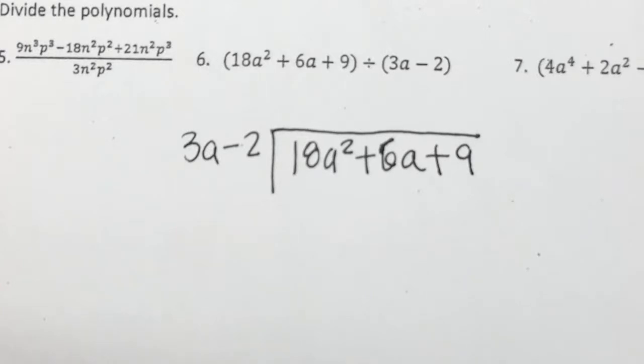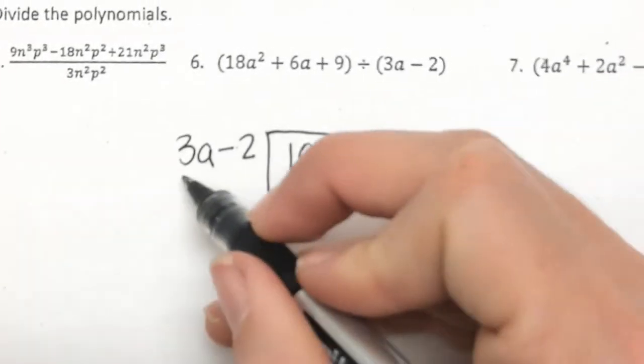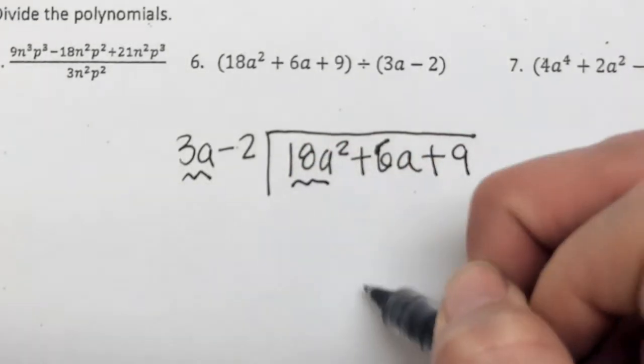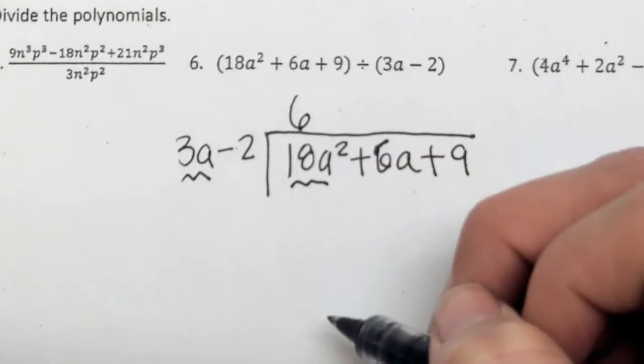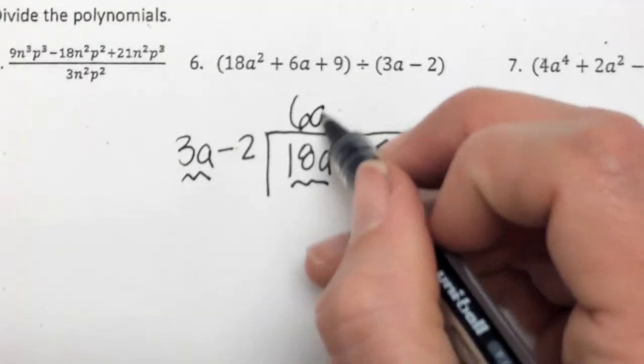Alright, we did y'all's row, so I'll start with Connor. Okay. Connor, what do I need to do first? See how many times 3 fits into 18. Which is how many times? 6. Good.